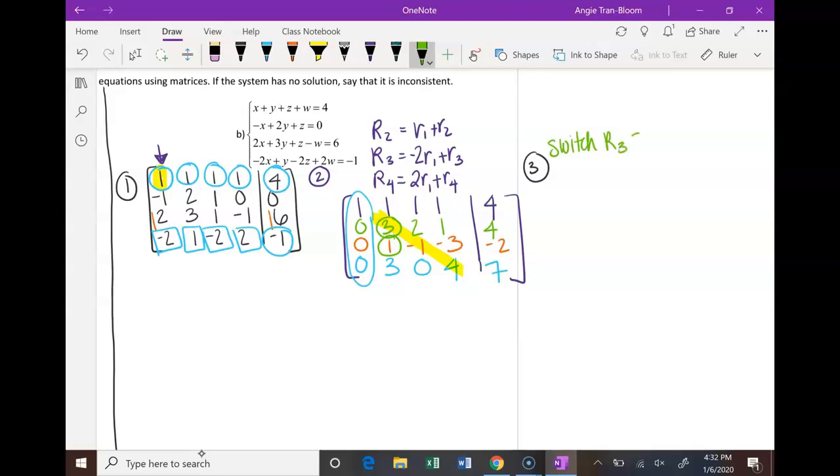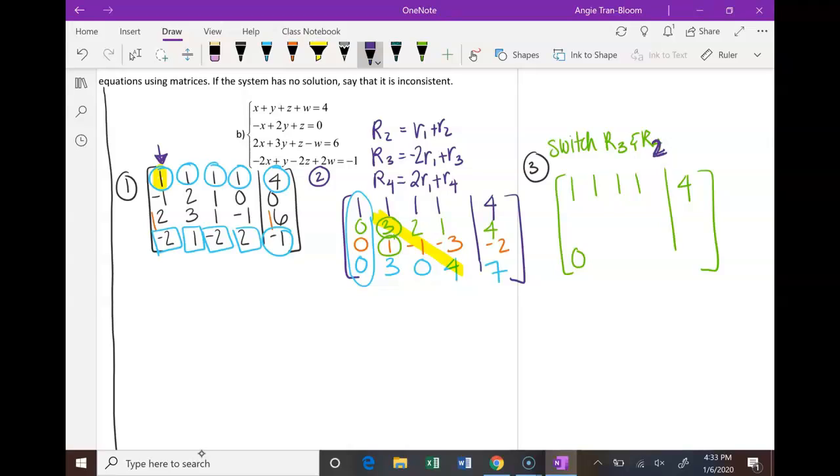So we are going to write row 1 over: 1, 1, 1, 1 equals 4, 0. Did I say row 3 and row 4? I'm sorry, row 3 and row 2.